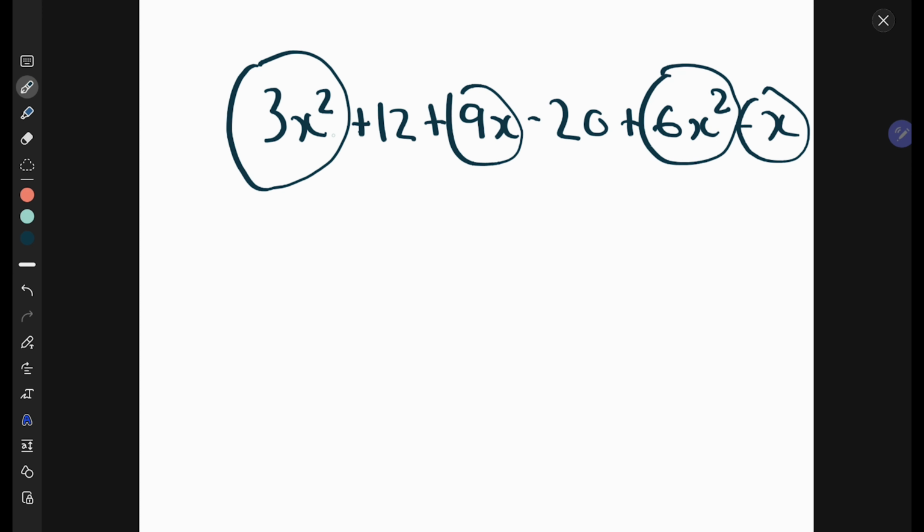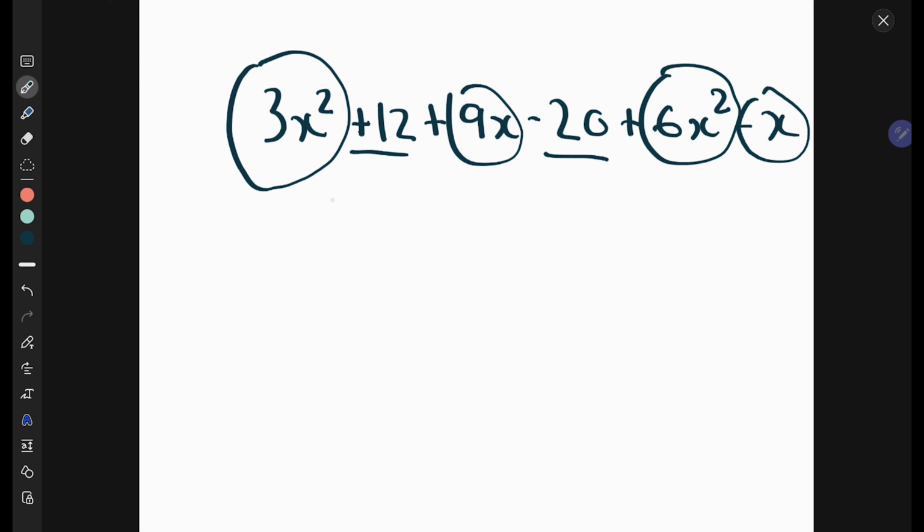Well, you see, x squared and x won't go together because 9x is basically 9 times x, and 3x squared is just 3 times x times x. So as you can see, it clearly doesn't go together.